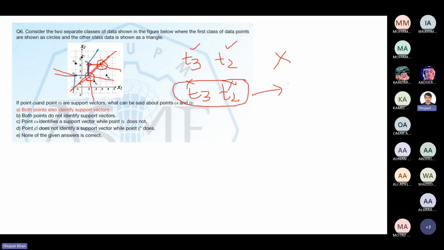Again, this margin is the same as this margin because of C3 and C4. If you remove any of them, let's say if I remove this one or this one, the margin will not change. The margin will only change if I remove both. So this is why answer A is correct.